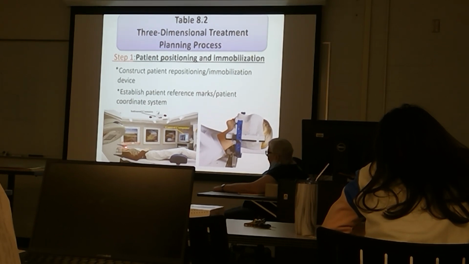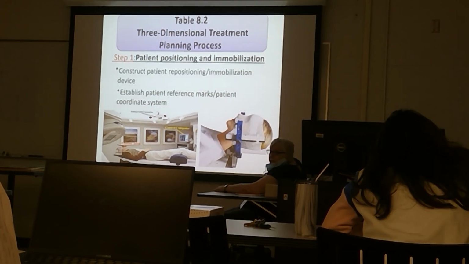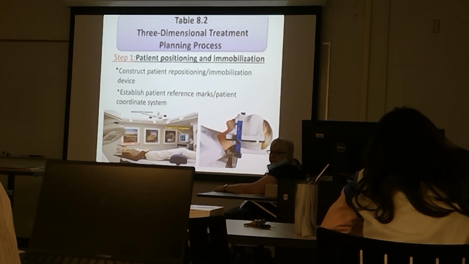This is actually attached to a mouth bite. The patient puts a mouth bite in, and the fiducial is attached to that mouth bite. There's an infrared camera up here, and it tracks where the fiducial is. And that's how it's positioned.